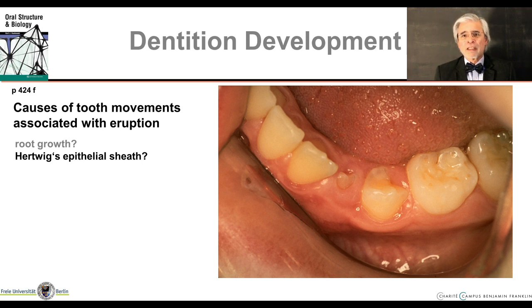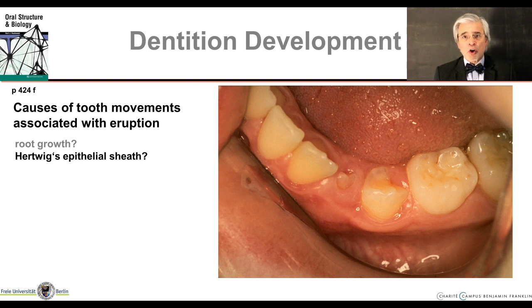However, this is also wrong for two reasons. Firstly, it is an artifact of histological technique that the Hertwig's epithelial sheath surrounds the root apex in such a winged manner. This has turned out to be a shrinkage artifact. In fact, Hertwig's epithelial sheath runs pretty much perpendicularly.